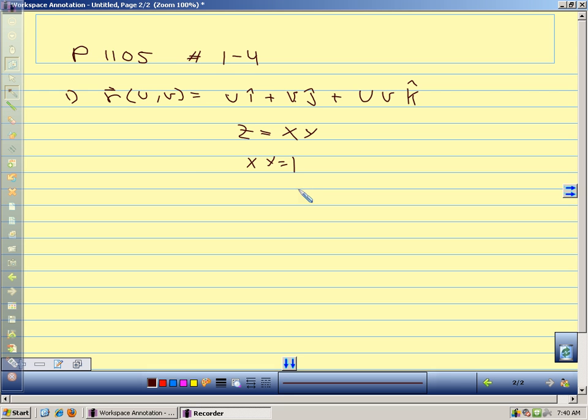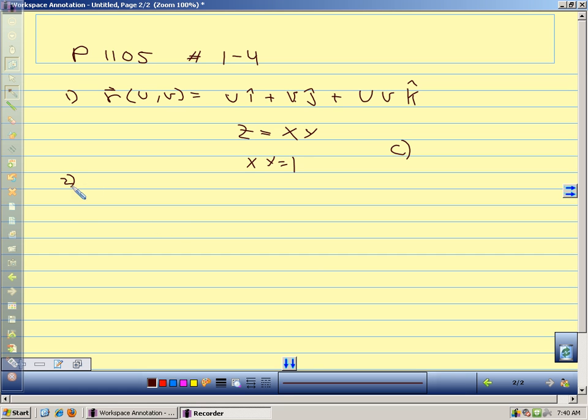So it's a hyperbola. Our surface is going to be made up of a bunch of hyperbolas. So which one does that match? That one's going to match C, because we have hyperbolas here.